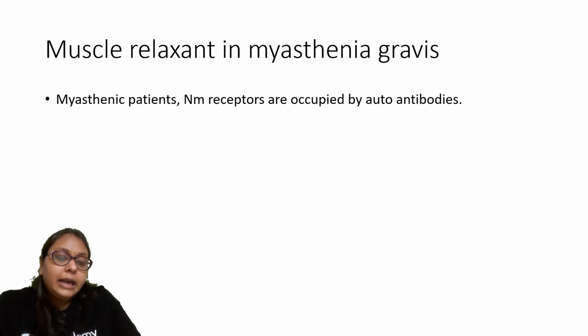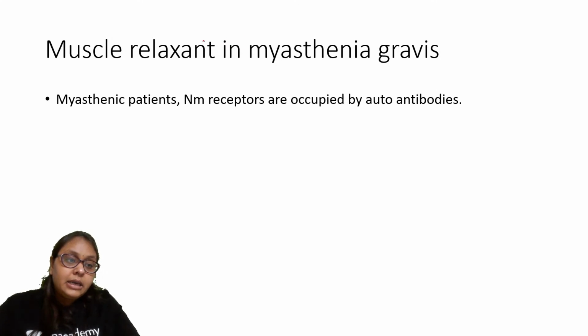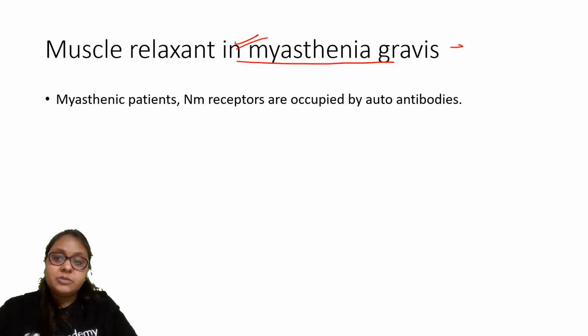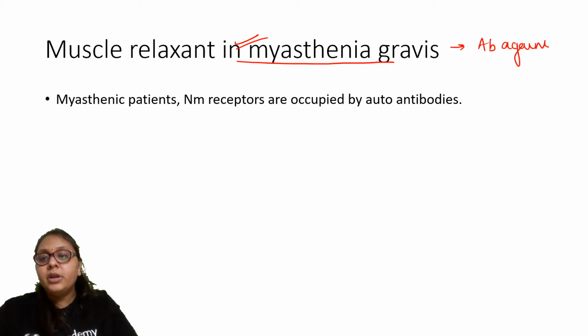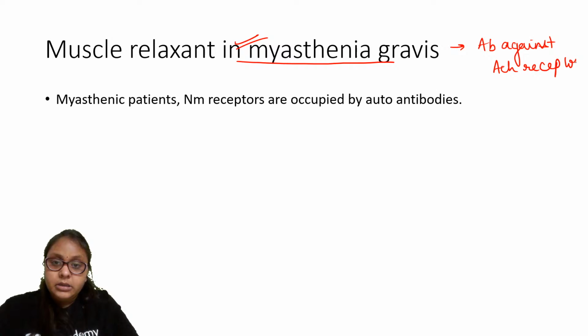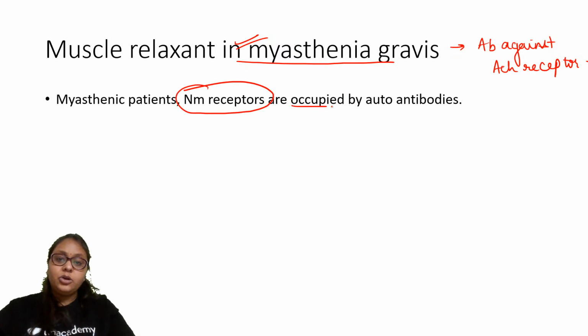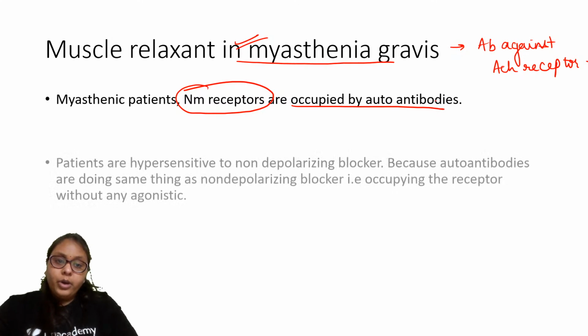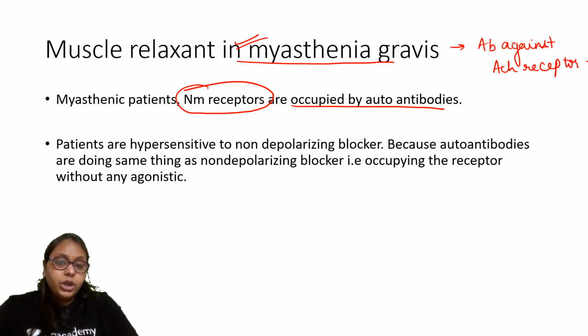ठीक है. And I told you earlier also this point, muscle relaxants in myasthenia gravis. Myasthenia gravis में क्या प्रॉब्लम होती है? Myasthenia gravis में they are antibodies against the acetylcholine receptors. ठीक है, तो ये जो रिसेप्टर्स हैं, NM receptors हैं, these are occupied by the auto antibodies. तो क्या होगा?